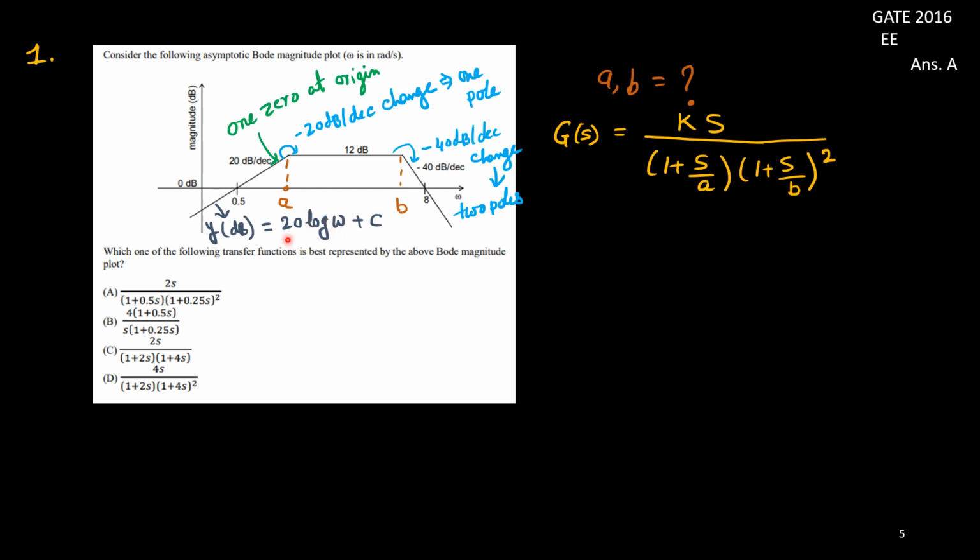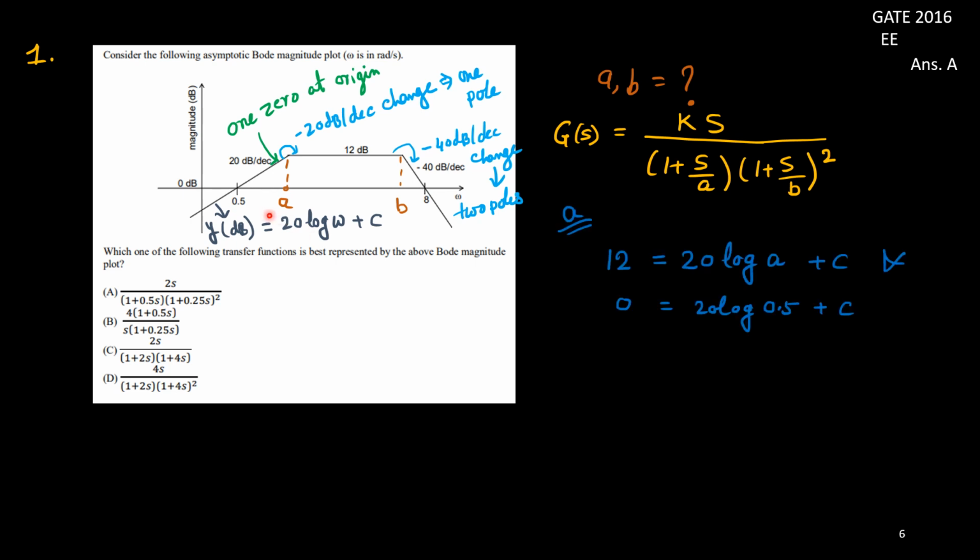And 20 is the slope, plus 20 per decade. So 20 times log of omega plus some constant c, y equals mx plus c, that form, linear straight line equation. And y is obviously in dB scale.